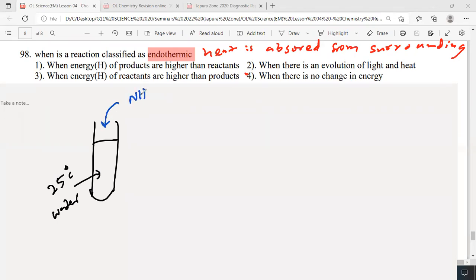Or you can add ammonium chloride, or even glucose or sucrose. What happens now? The temperature decreases. The 25 degrees Celsius becomes, say, 18. The temperature becomes 18.